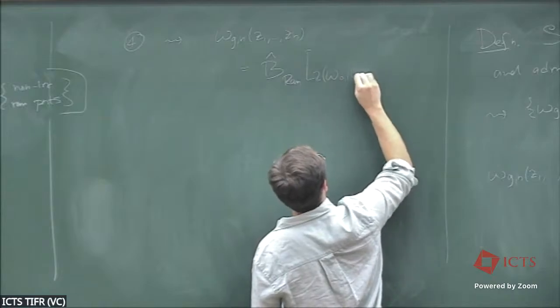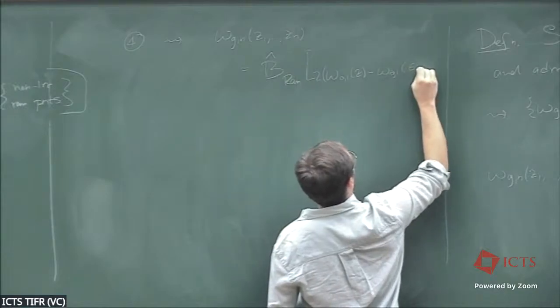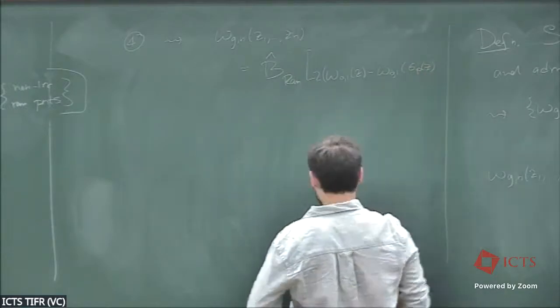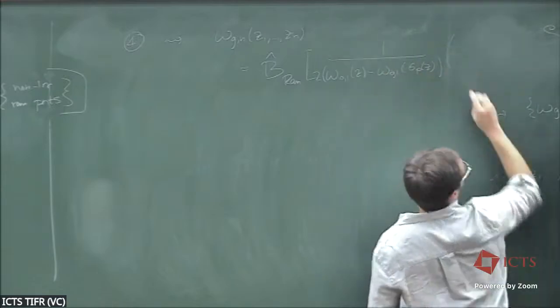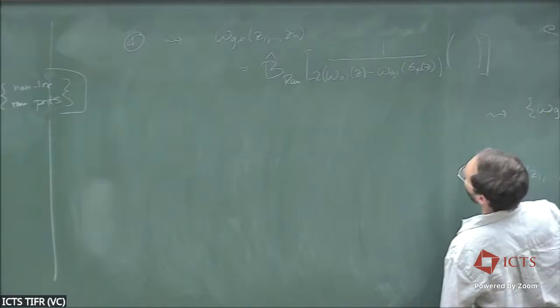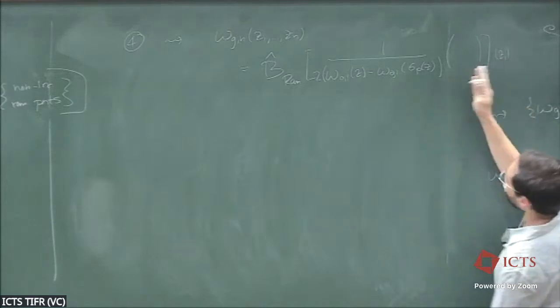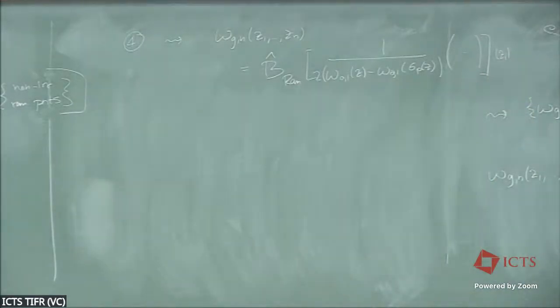So omega 01 of Z minus omega 01 of sigma P of Z times this big parenthesis here, as a function of Z1, actually. So Z2 up to Zn act as spectator variables in this case. So is this clear? If you put together the form of the kernel here with the definition that I gave before of this B hat, you immediately get this formula.